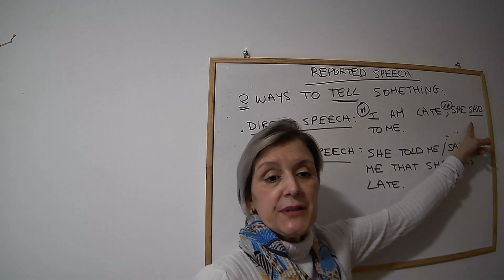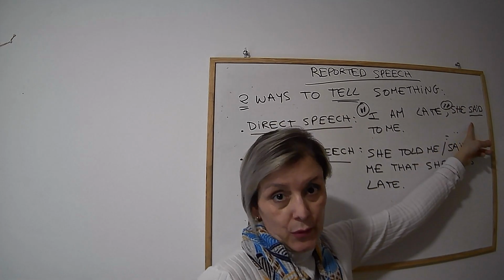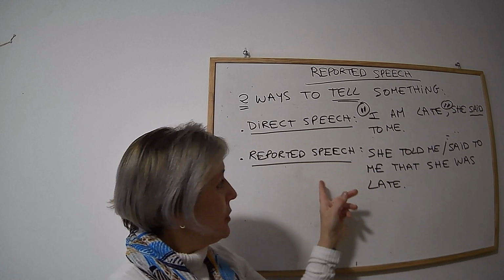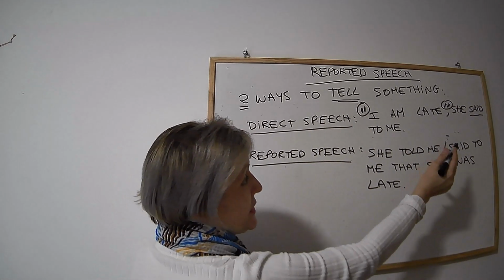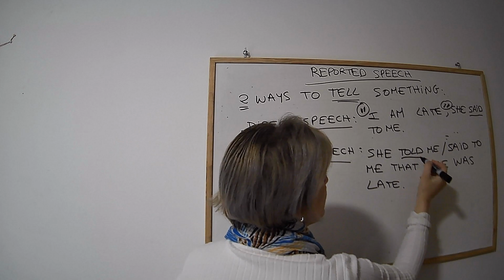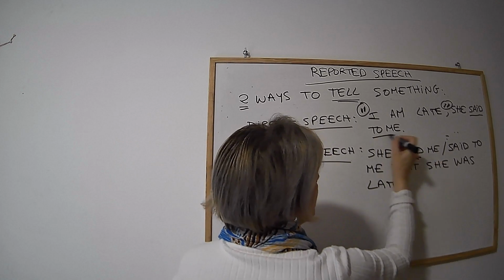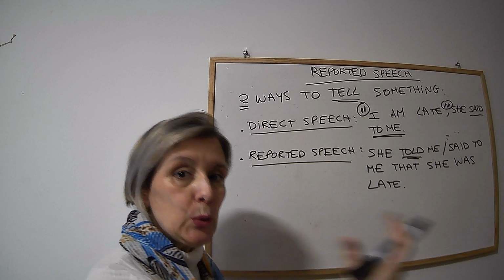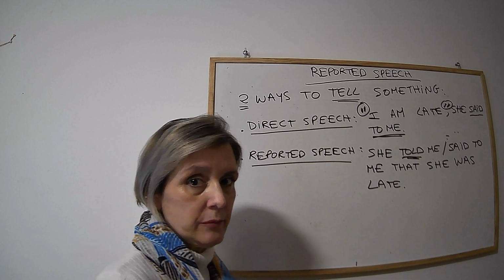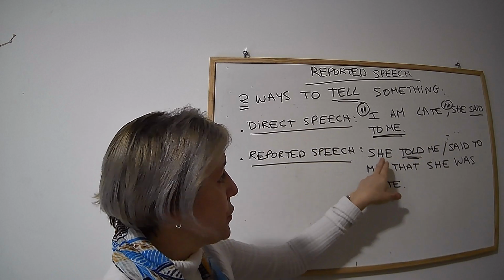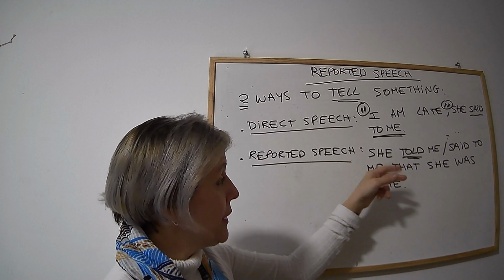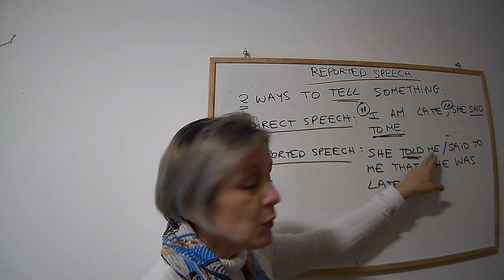This verb, said, is called the reporting verb, and you can use said or told. We use told if we mention the person to whom the speaker was talking. So if we know this person, to me, to her, or whoever, she told him or me.